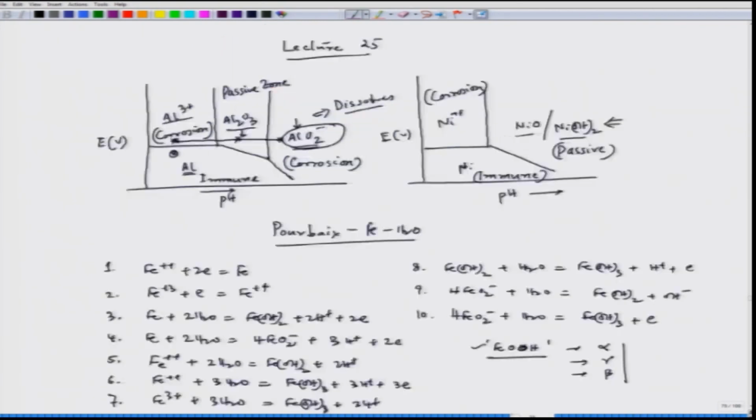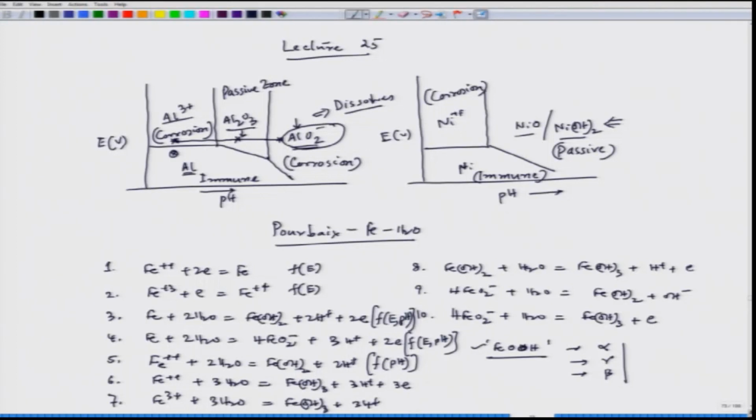And if we see those reactions, definitely I can simply write in this fashion: function of E and pH. This is also function of E and pH. This is function of pH.